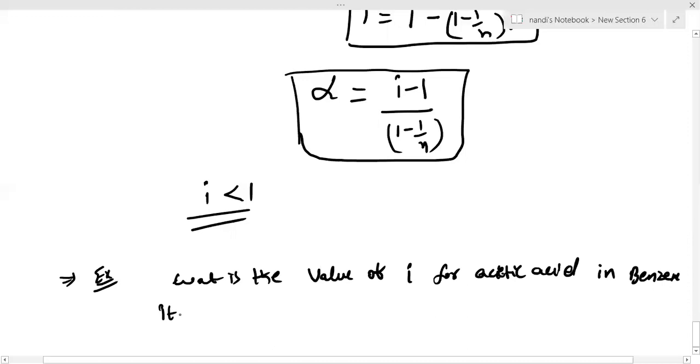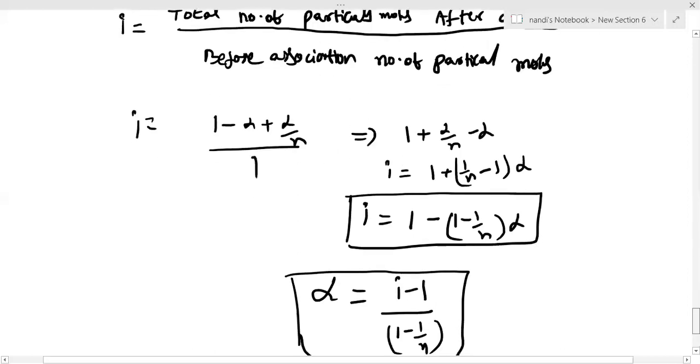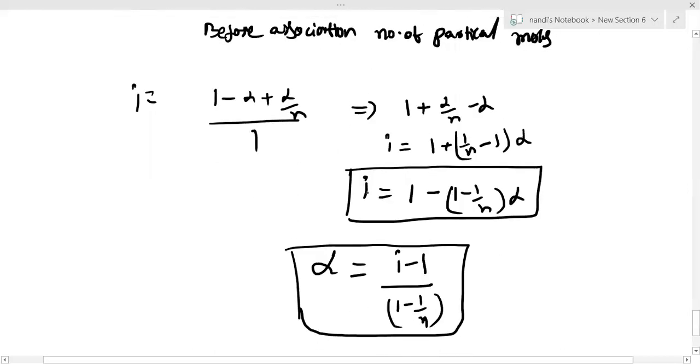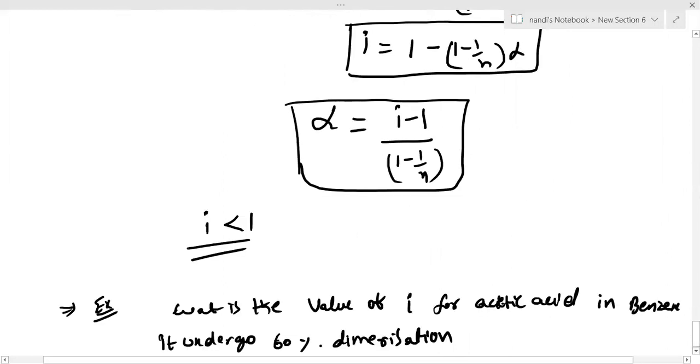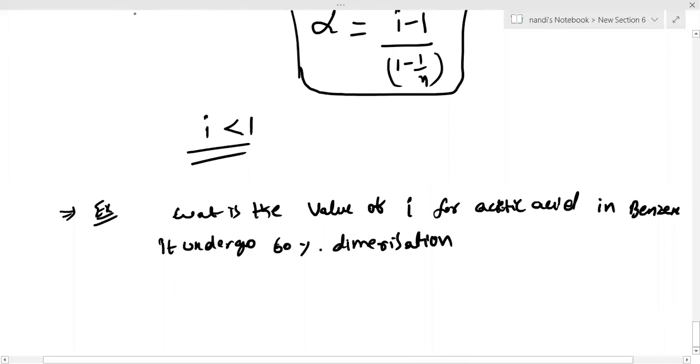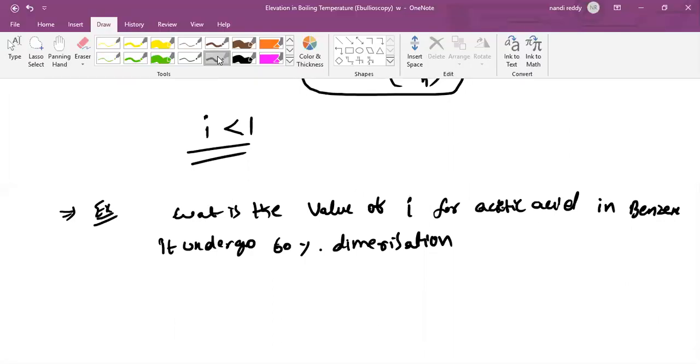It undergoes 60% dimerization. So alpha is given as 60%, and you need to find the i value. Dimerization means n equals 2. Substitute into the formula you wrote, please check it and solve it, and you can get the answer.